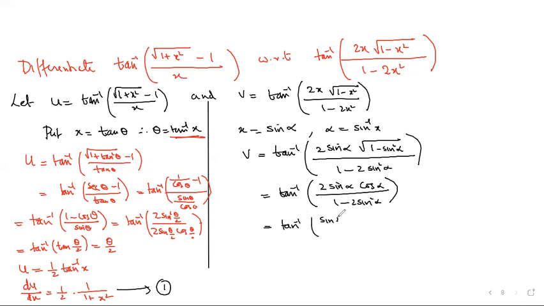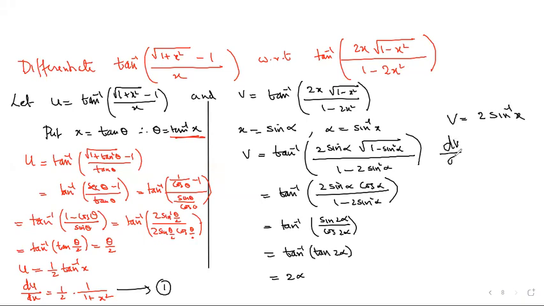Sine 2 alpha upon cos 2 alpha. Tan inverse of tan 2 alpha. That is 2 alpha. That is v is equal to 2 sine inverse x.